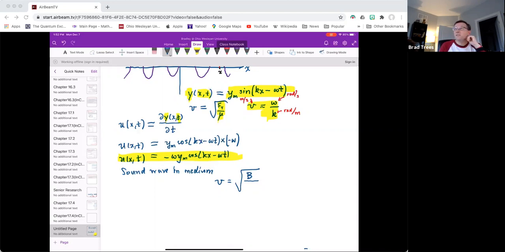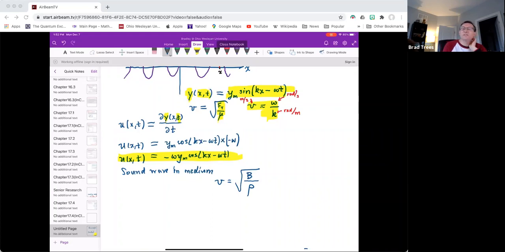And most solids, steel, iron, are also very hard to compress. You can do it, but it's very hard. That's called the adiabatic bulk modulus. And then downstairs is a measure of the inertia of the object. In this case, it's the volume mass density rho.